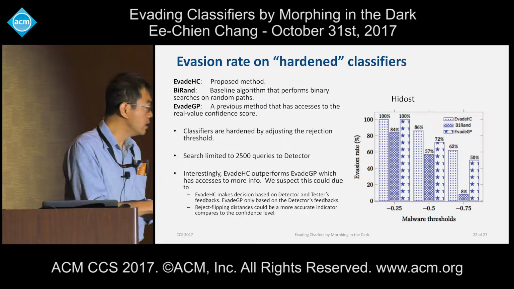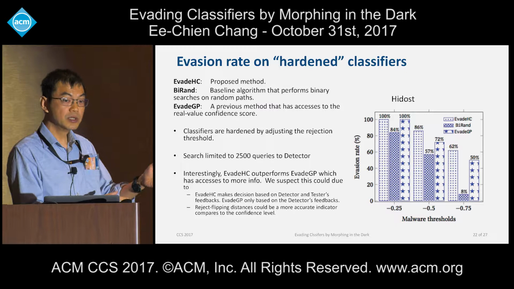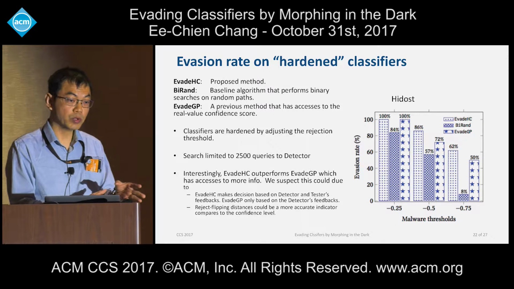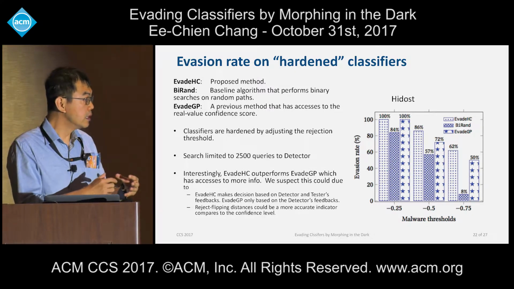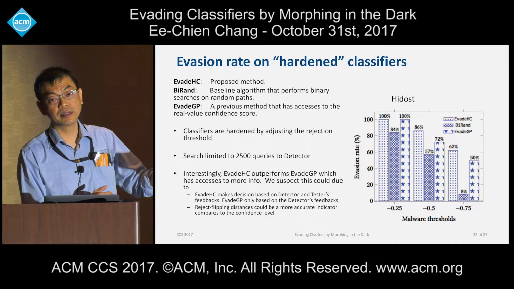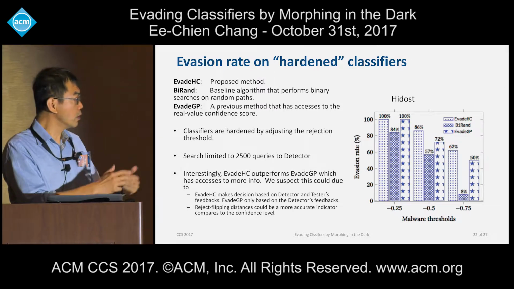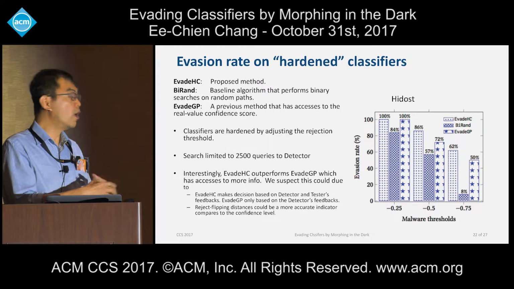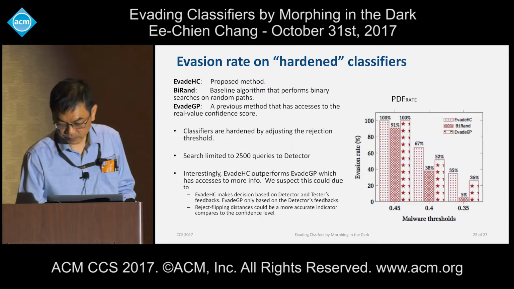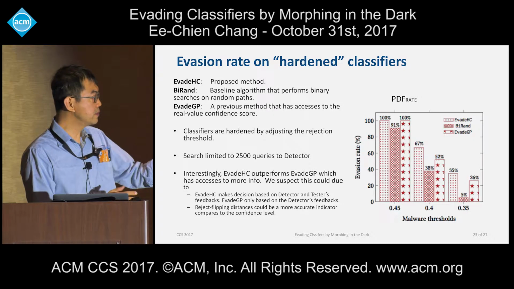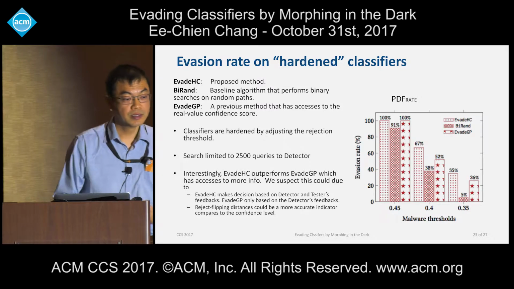We suspect that because our algorithm makes decisions based on the tester input and the detector input, whereas EvadeGP makes decisions based on the detector feedback, that means the confidence levels. Also, the reject flipping distance could be a more accurate measure compared to a confidence level. We also observed a similar result on the other classifier, PDFrate.